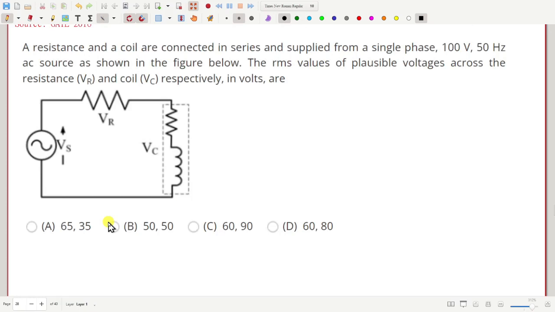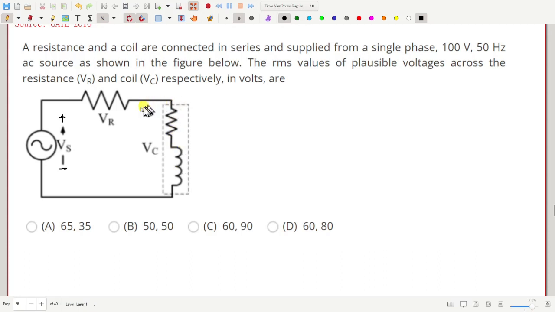Okay, this is another question. Here we have a source Vs, the voltage, with plus and minus. Then we have a resistance and then a coil. Coil means it has some resistance as well as some inductance.